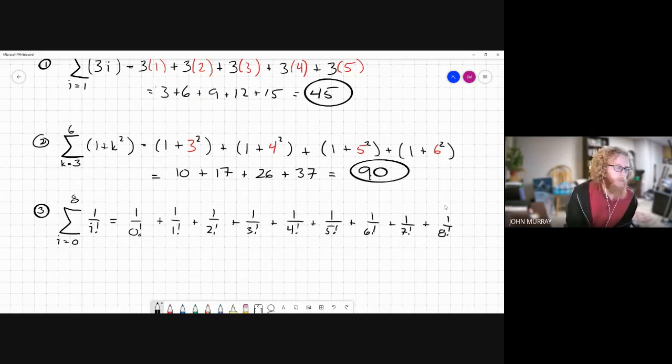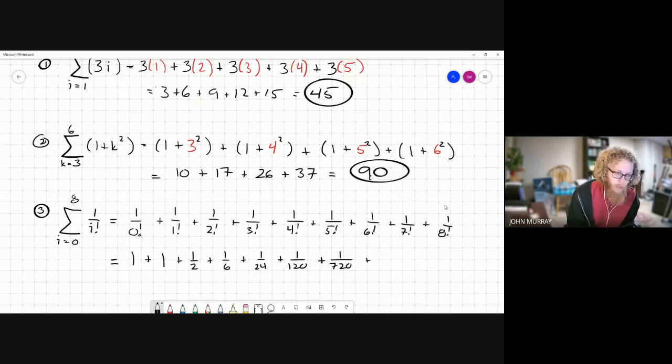All right, so my numerator doesn't change, that's always 1. So what I'm essentially doing is I'm adding smaller and smaller fractions. Now remember, 0 factorial is 1, so 1 over 1 is 1. Again, 1 over 1 is 1. Then 1/2, 1/6, 1/24. 5 factorial is 24 times 5, which is 120. 6 factorial is 120 times 6, which is 720.